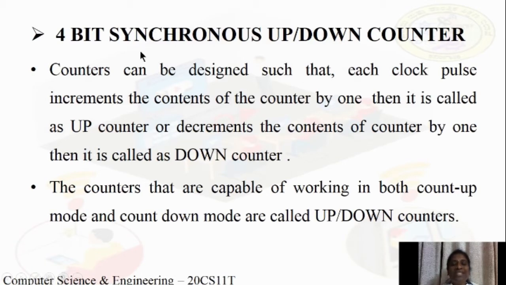This 4-bit synchronous up-down counter should work in both modes. It should count upwards and also count downwards. If a counter is capable of working in both the count up mode and the count down mode combined, we call it an up-down counter.